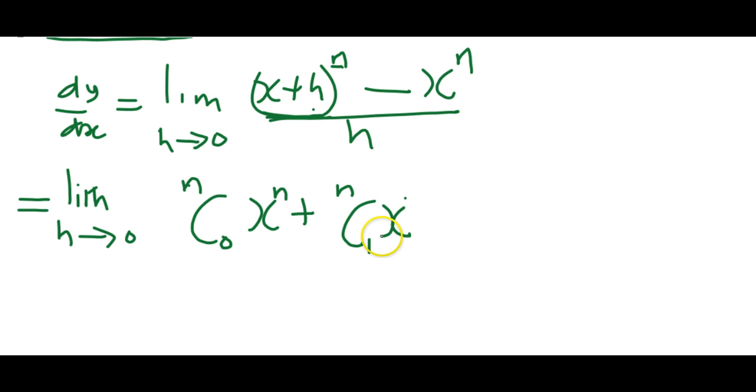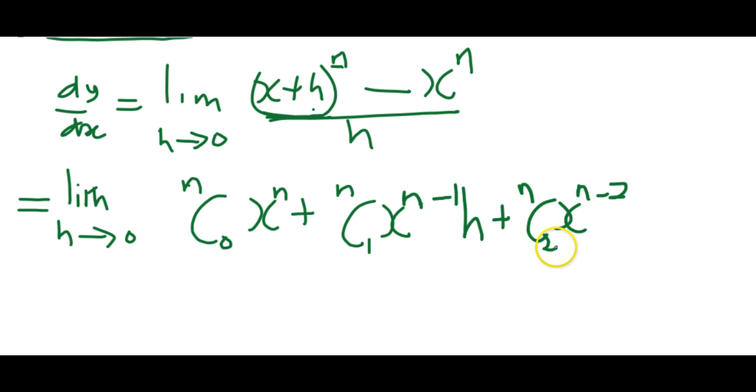So x will take power n minus 1, then h will take power 1, plus n combination 2, x will take n minus 2, and then h will take power 2, and this will continue until the last term. The last term is going to be n combination n, where x will no more take any power because it will take power 0, and h will take the last power of n.